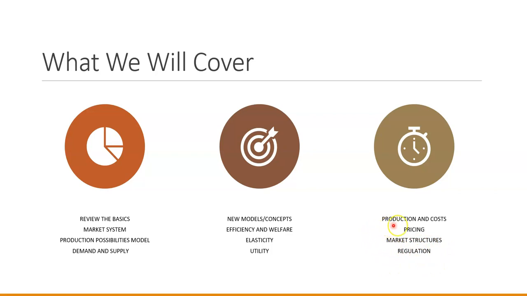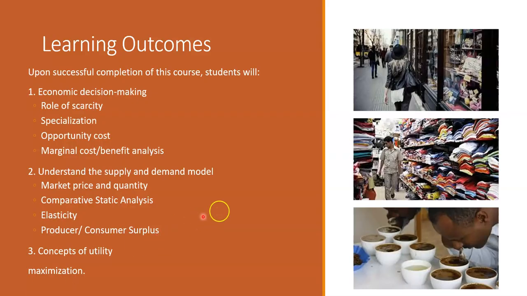So production and cost basically means how we're making the product, how much labor, how much capital we are using, how much does it cost us, how much should we charge for the product. The amount we charge depends upon the market structure, either pure competition, monopolistic competition, oligopoly, or monopoly. And then we look at regulation. So these are the main areas that we will be covering, and they are essential for you to understand.